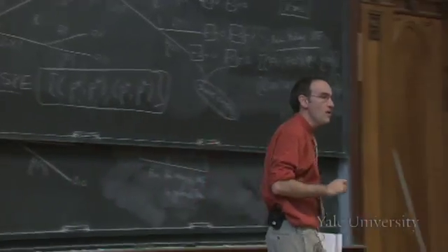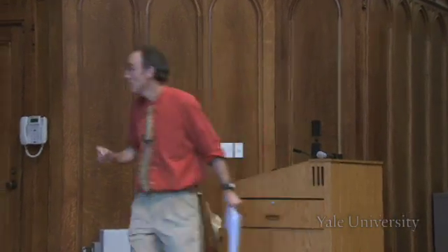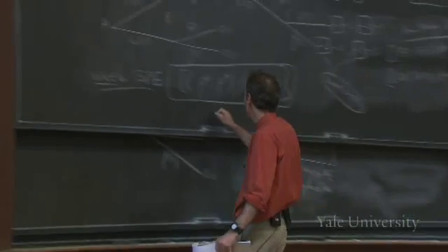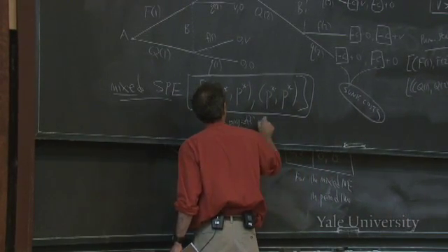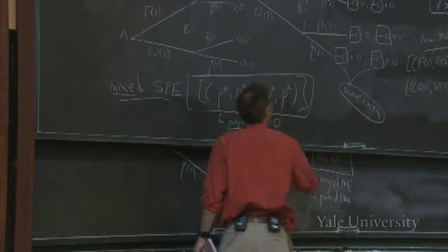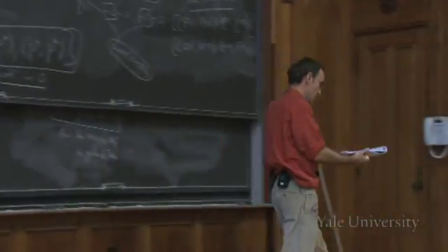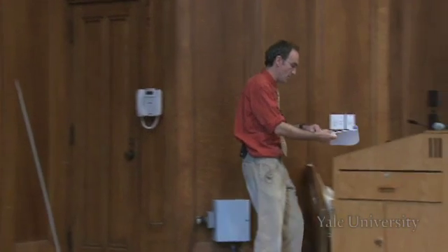And while we're here, what's the expected payoff for each player if they're playing this mixed subgame perfect equilibrium? It's 0. All right, so now we're actually getting somewhere.